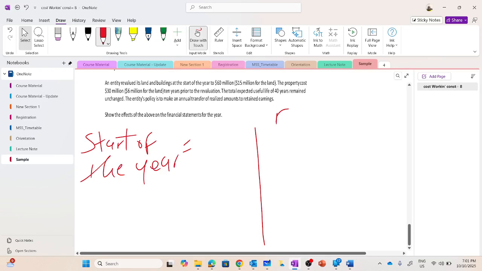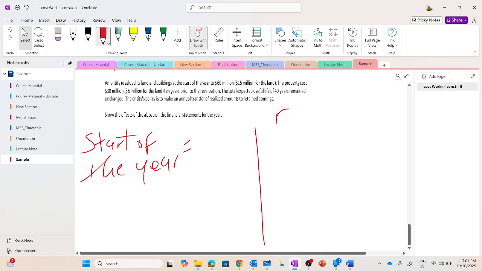And so now the property cost 30 million 10 years ago. So 30 million, 6 million for land. So we need to abstract this information as well.